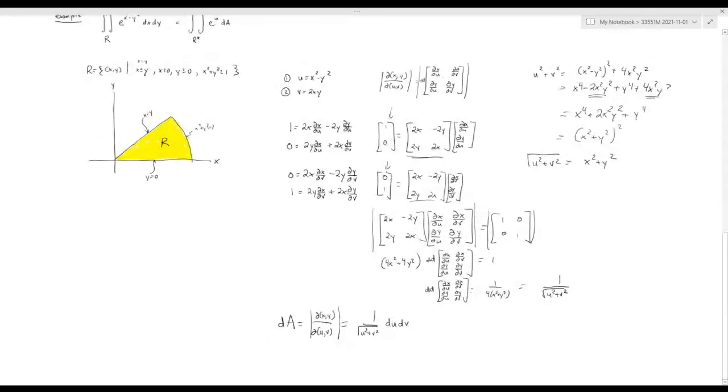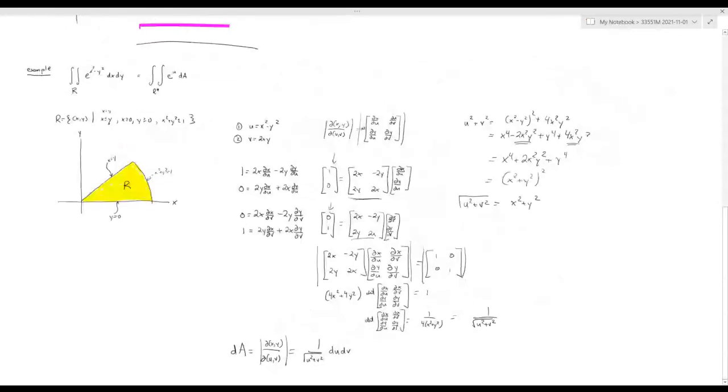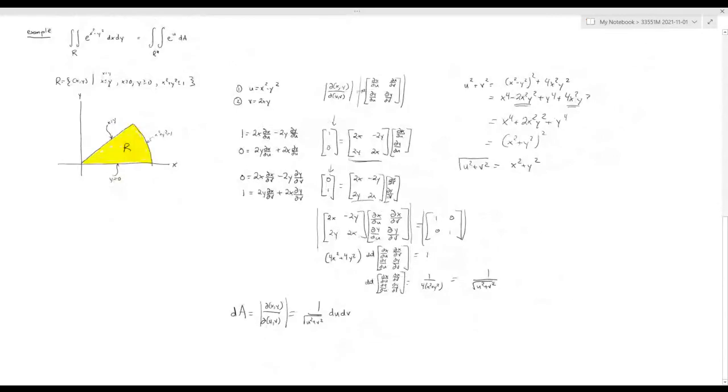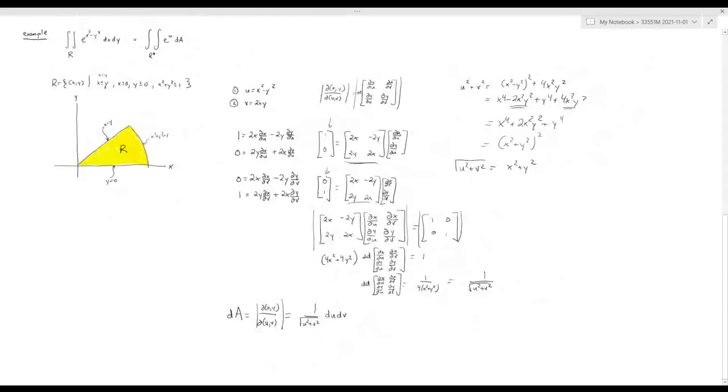And I should have had a square root over here, unfortunately. No, we're good. I think I could have maybe messed it up, but that's it.